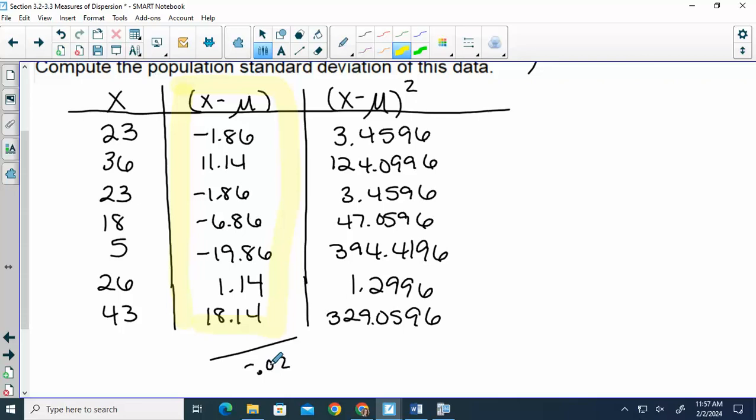All right, so now to get our standard deviation. Standard deviation is the square root of the sum of all of these.